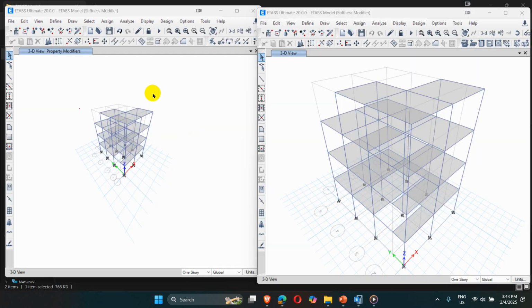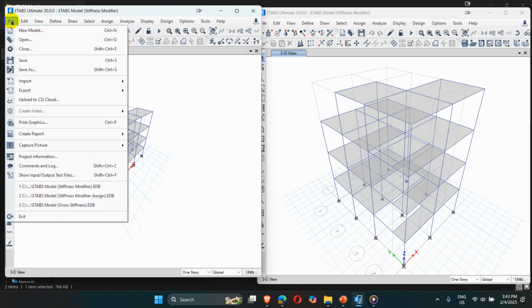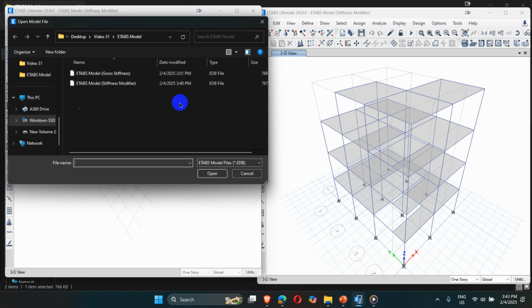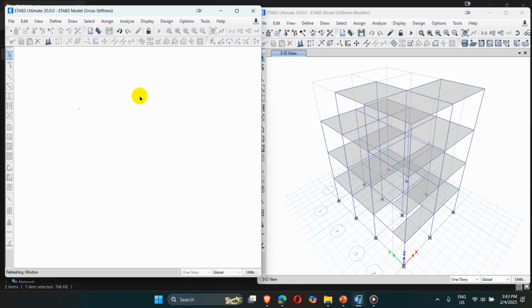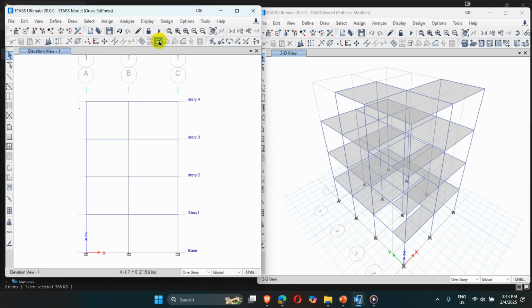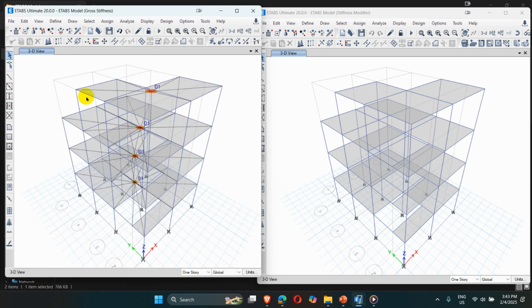So this first one is with gross stiffness, and this second one is with stiffness modifier.